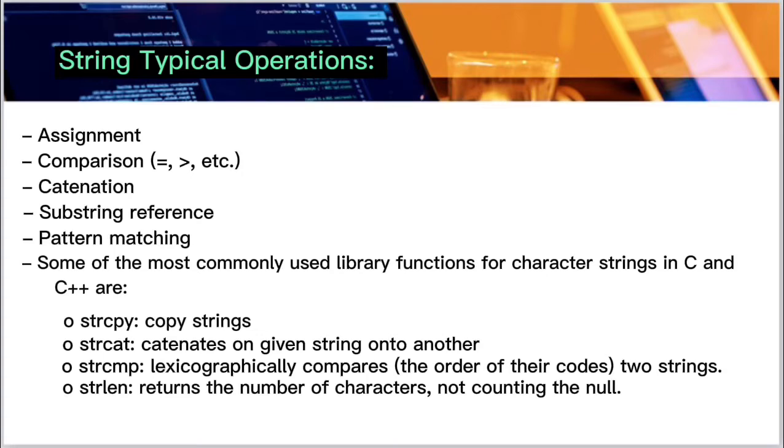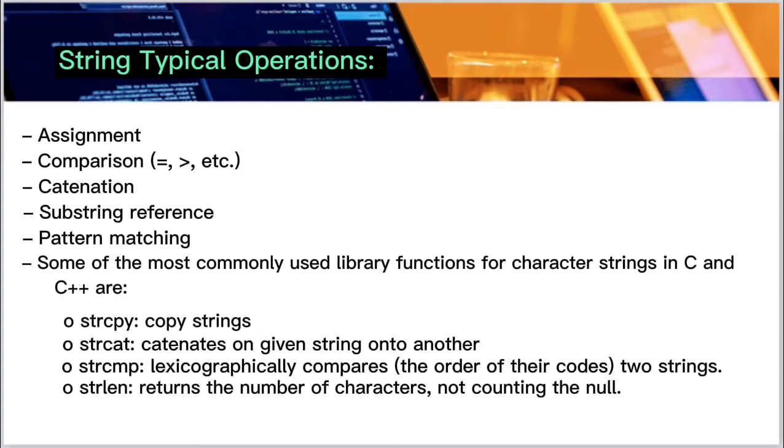Some of the most commonly used library functions for character strings in C++ are: strcpy, which copies strings; strcat, which concatenates a given string onto another; strcmp, which lexicographically compares the order of the codes of two strings; and strlen, which returns the number of characters, not counting the null.